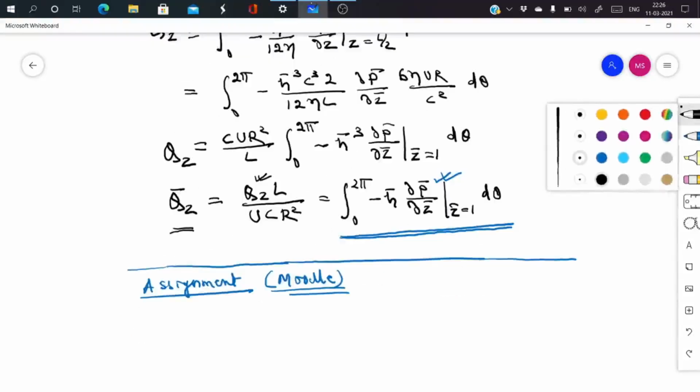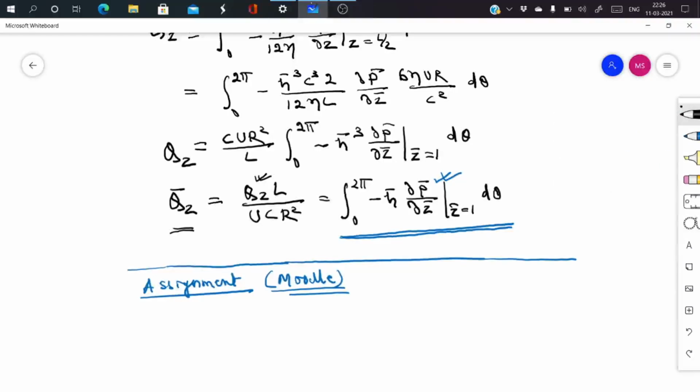First, case 1: you have only two inputs, do remember, L by D and epsilon. So in case 1, take L by D equal to 1, epsilon equal to 0.4.